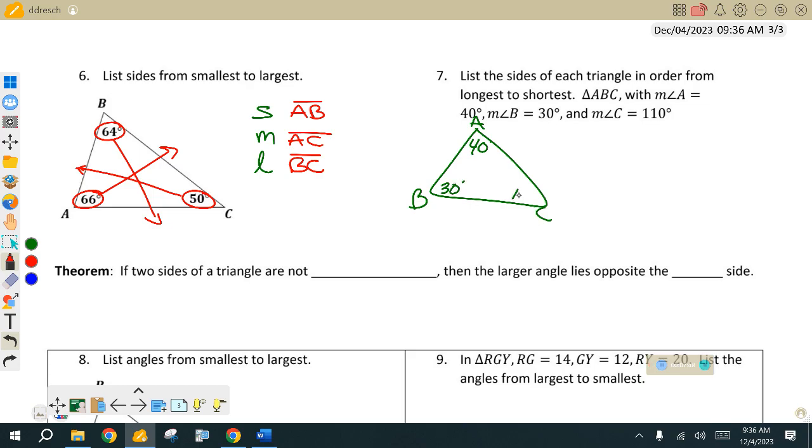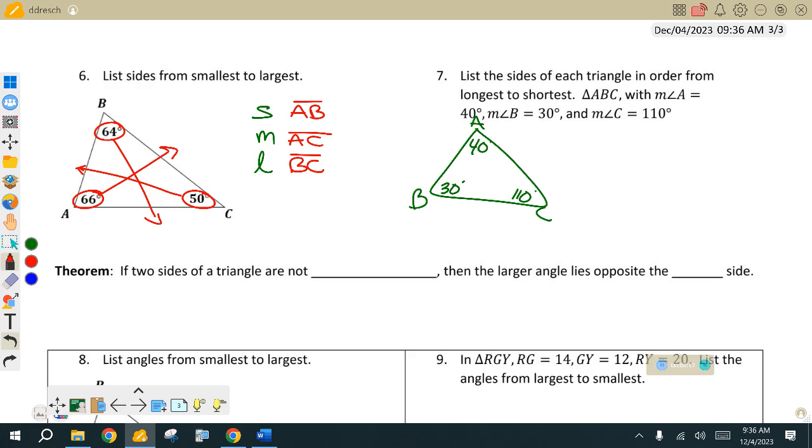And C is what? As I drew mine out, obviously C is 110 degrees. Is that to scale? Heck no. But I'm just doing it so I can match up. C is opposite what side? That's really what I'm doing there. All right, play the matching game here.